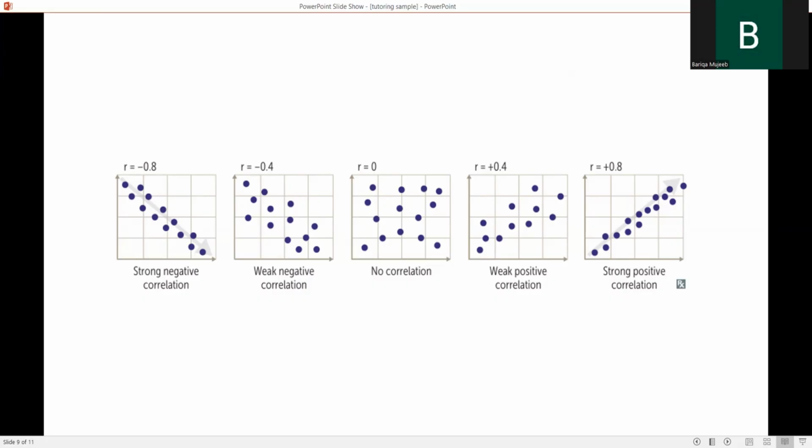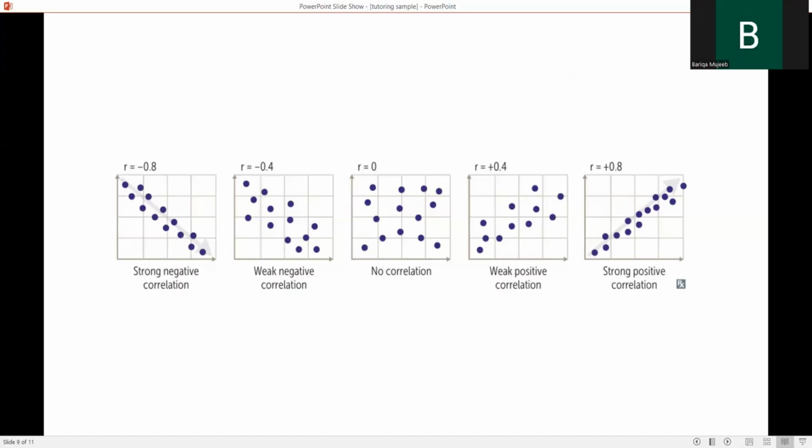So just try to get to the point that if there are two variables and one variable increases while the other variable also increases, this is a direct relationship, which is a positive correlation. If it is an indirect relationship, we will see a negative correlation, as shown in the illustration.